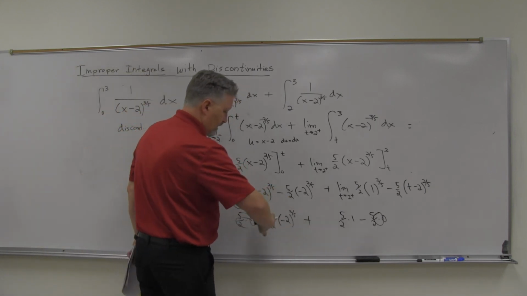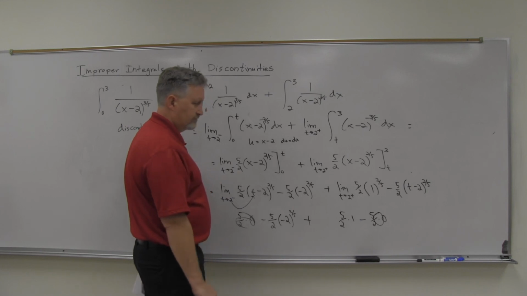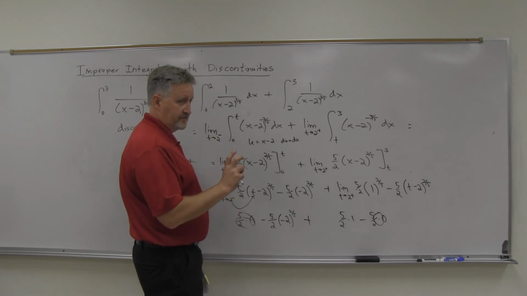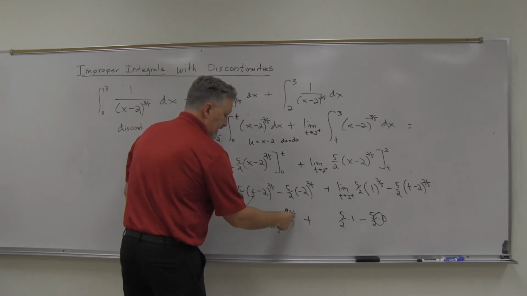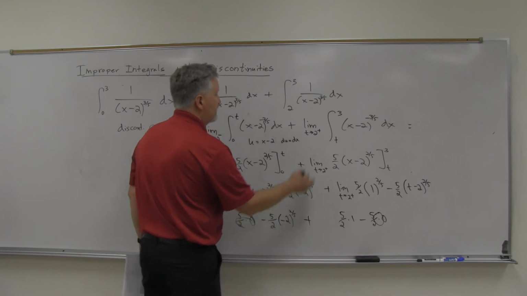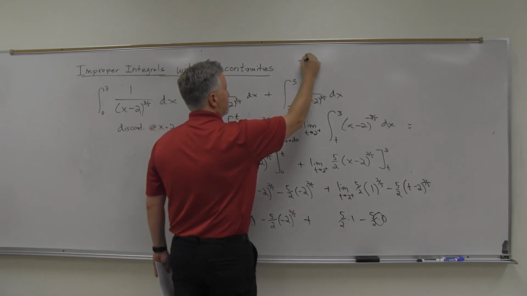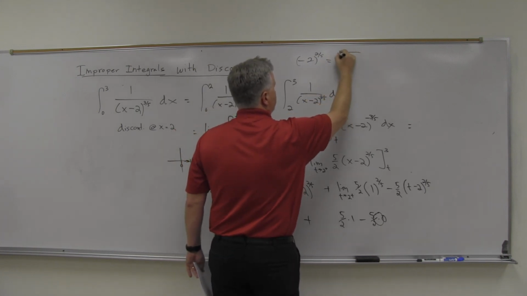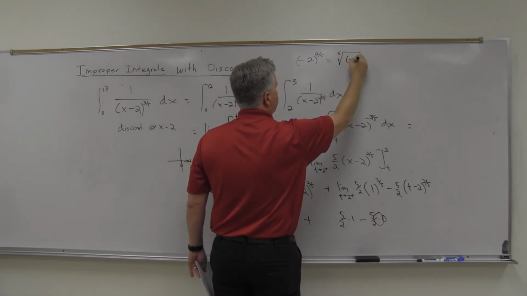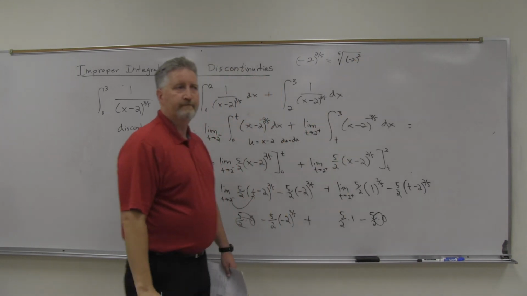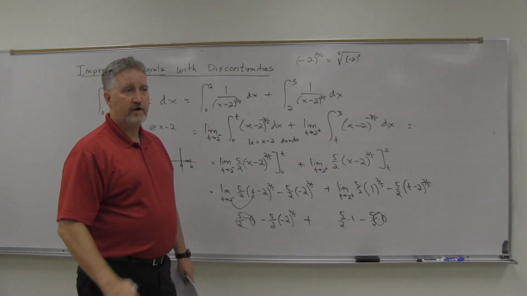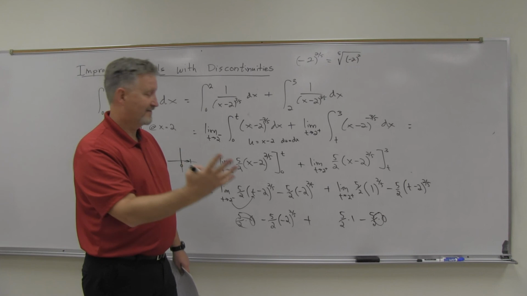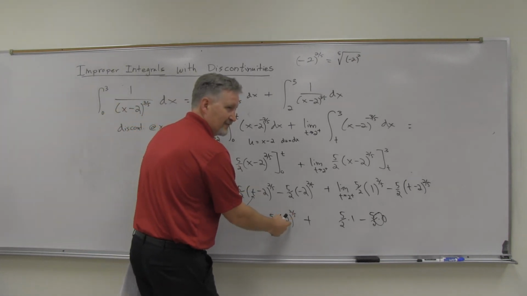Which, if you write them that way, that's okay, but let me just show you here. That's the same, so we'll do a little work on that. That's the same as the 5th root of negative 2 squared, isn't it? And negative 2 squared is 4. So that's the same as the 5th root of 4.